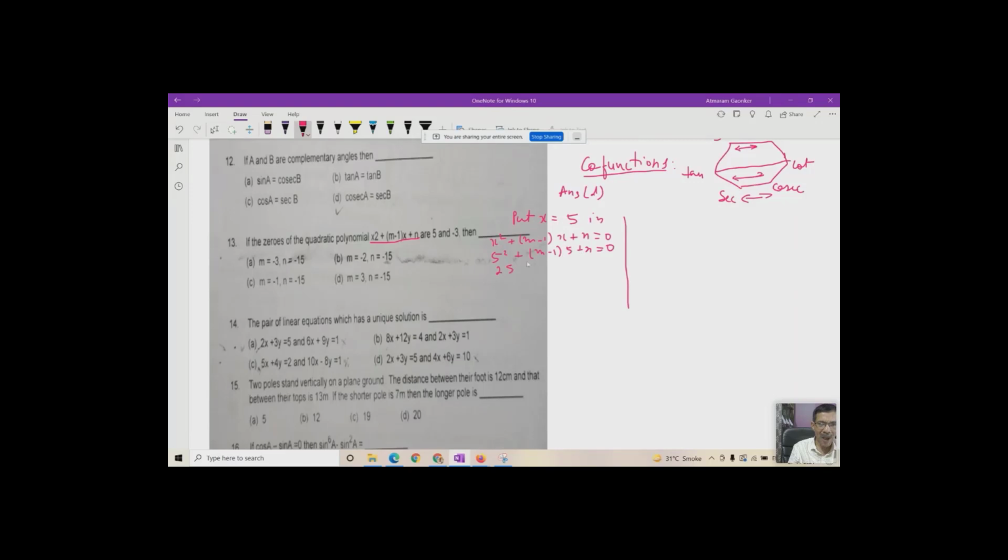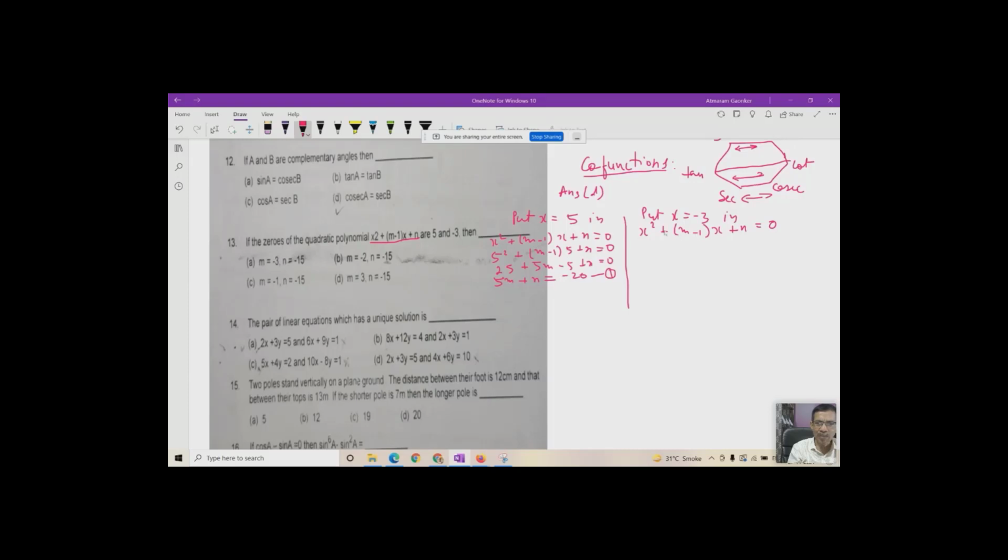Further, this will become 25 plus 5m minus 5 plus n equal to 0. Simplifying, I write 5m, then n, and 25 minus 5 is 20, which I transfer to the other side as minus 20. This is equation number 1. Then I put x equal to minus 3 in x square plus m minus 1 into x plus n equal to 0.